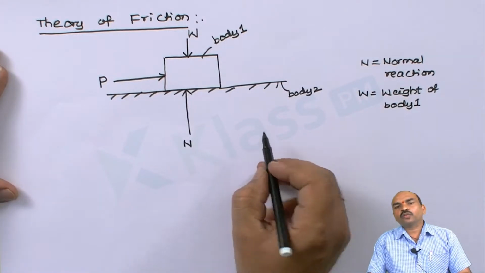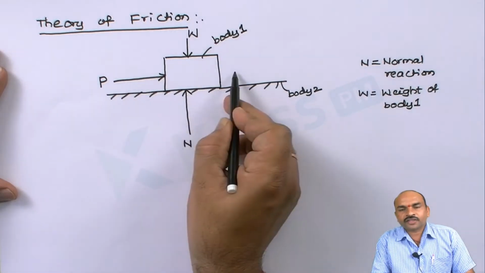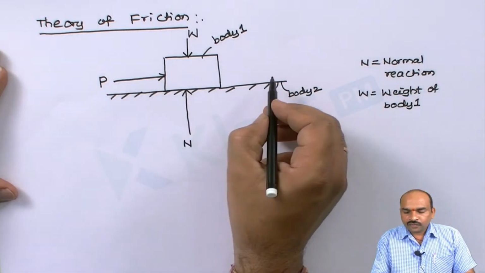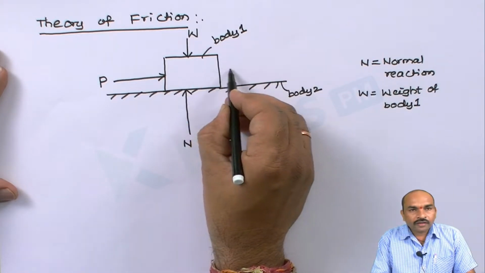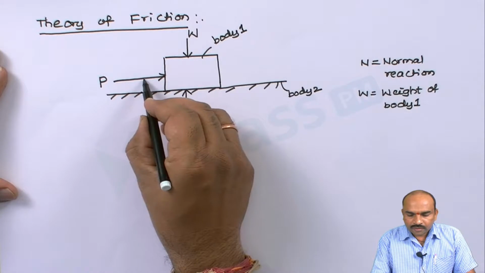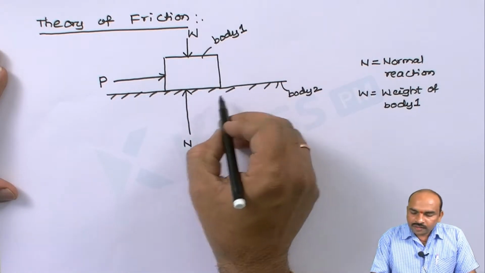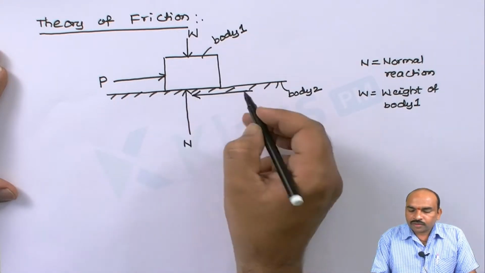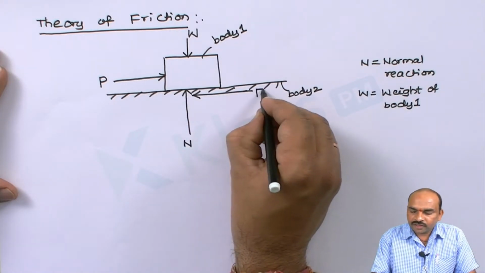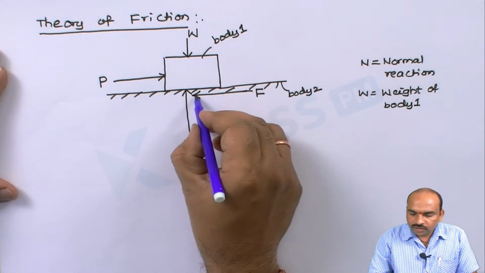Then, as we know, when the force is applied on body 1 in this direction, the friction force will be in the opposite direction. I can mark it either in this same direction or here. Both are the same, so I will mark it at the bottom. This is the direction of the friction force.